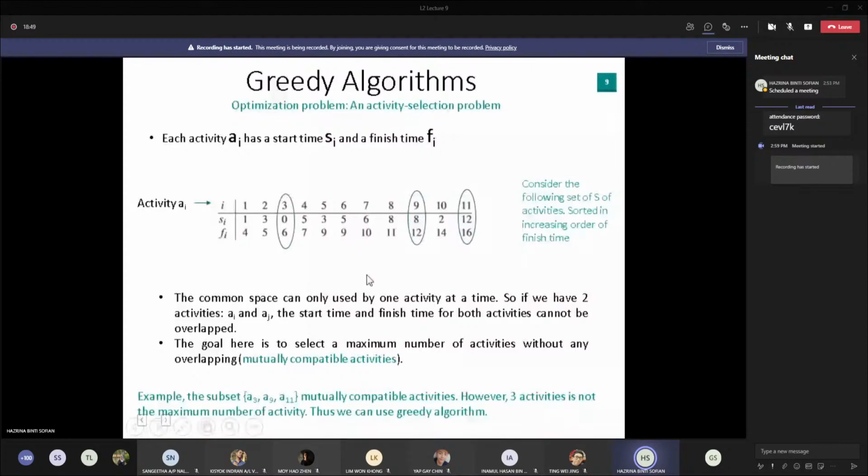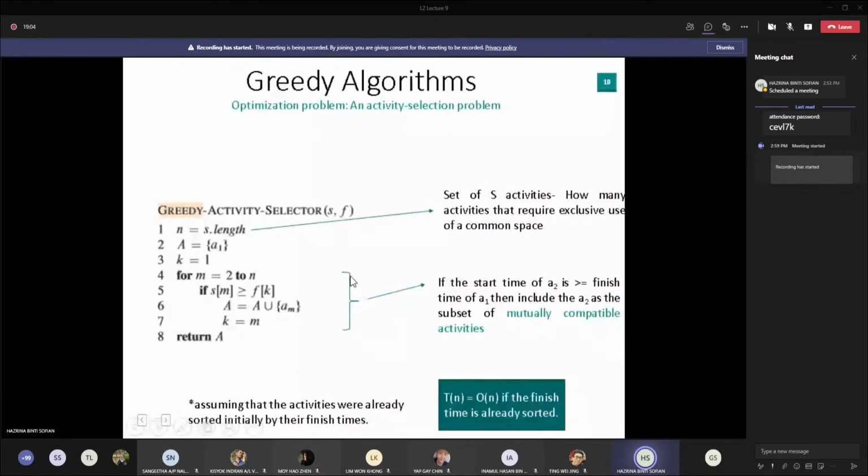So we can run the algorithm. Of course, we can find it ourselves over here. But if we want to automate finding the maximum number, then we can use the activity selector that has been injected with the greedy method.